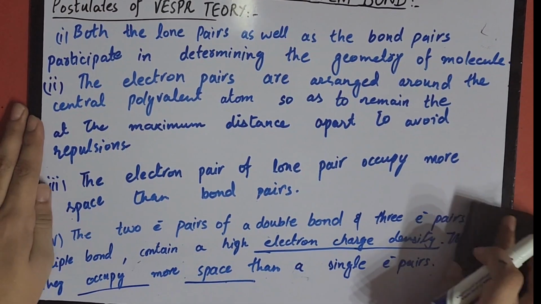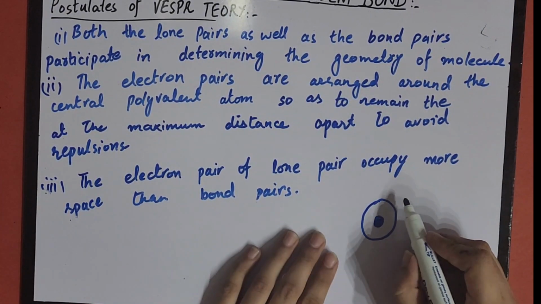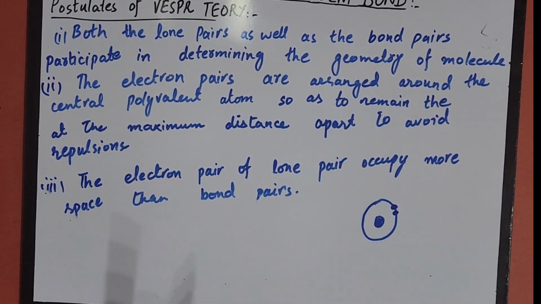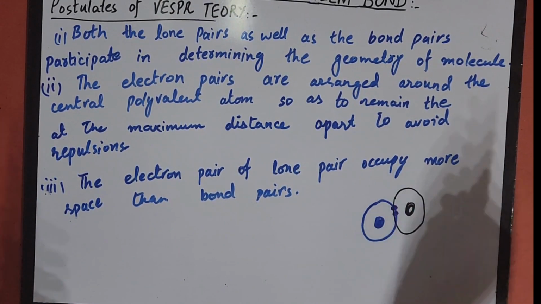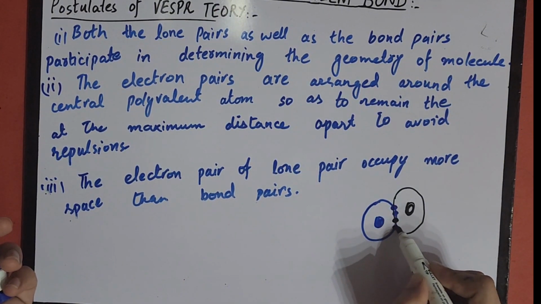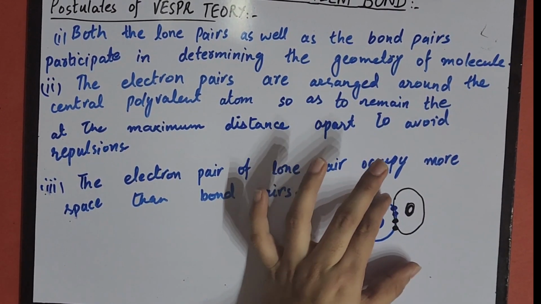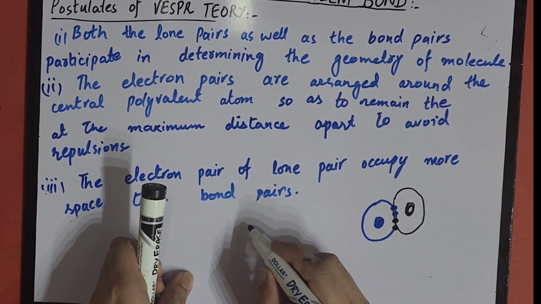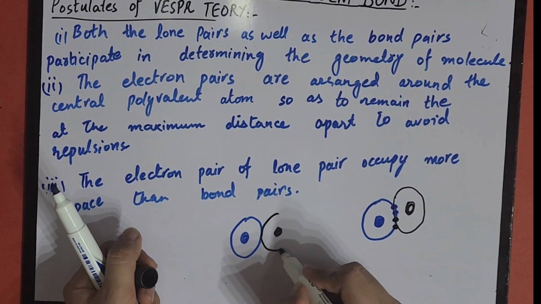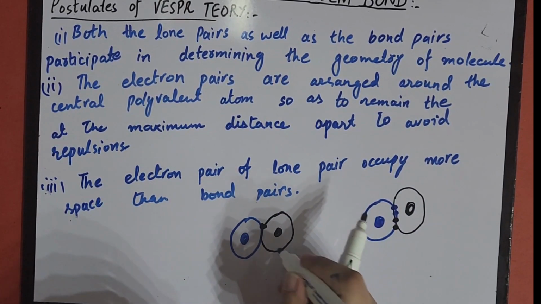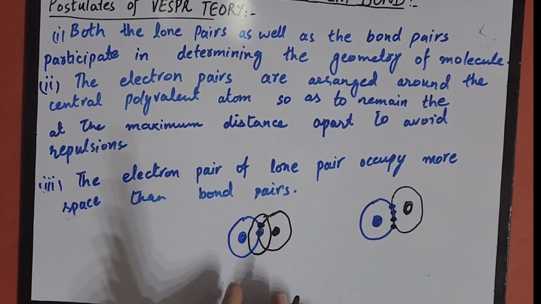If I draw the fourth postulate, firstly I describe with 2 bond pairs, the second electron pair. If there is only a single bond pair present between two elements, they have this specific area to occupy.